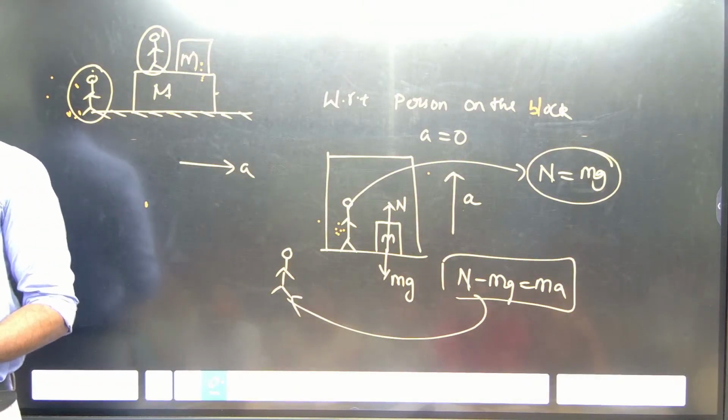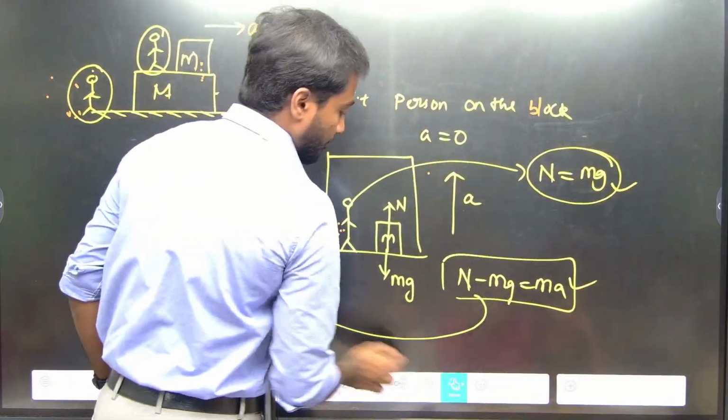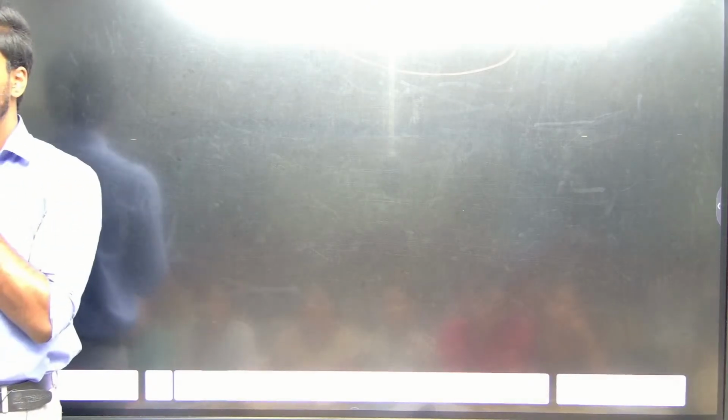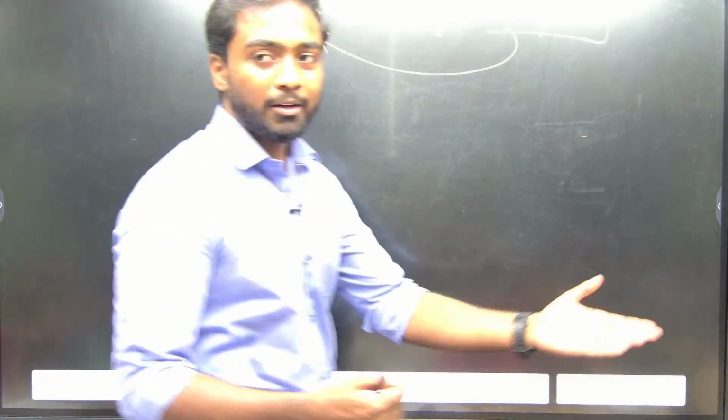So this is one condition, but you have observed that whenever the bus starts immediately or stops immediately, you feel that you are going front or back, no? If someone is pushing you, no. If someone is pulling you, no. But you feel that you are going front or going back.